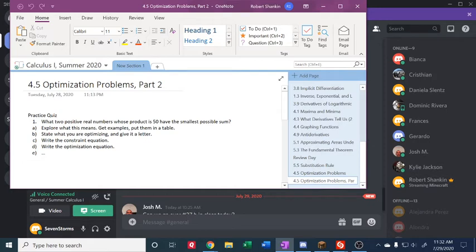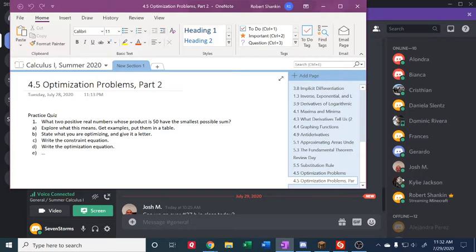And I'm going to ask you to do things in this order. Explore what this means, get examples, put them in a table, and then keep following the instructions on down to solve this problem with a calculus method. You might be able to solve it without a calculus method, but also be able to solve it with a calculus method.